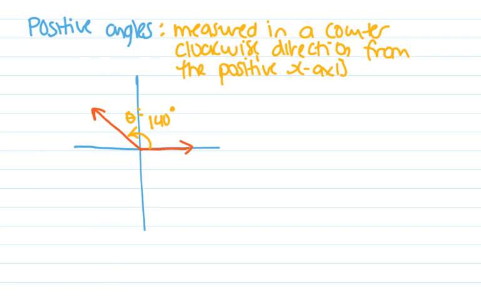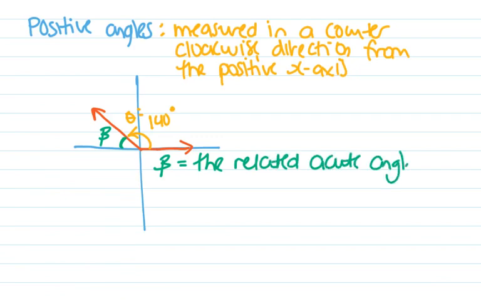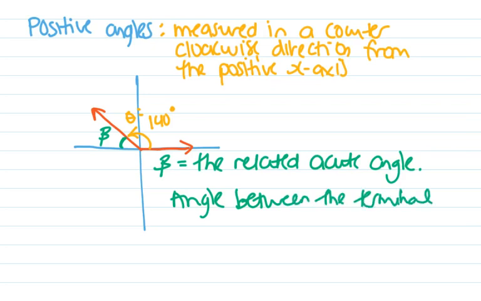There's also something called the related acute angle, and that is this angle here. And we're going to call that angle beta, which is what it's usually referred to in the textbook. So beta is the related acute angle. And it's the angle between the terminal arm, so that's the arm where the angle ended, and the nearest x-axis.